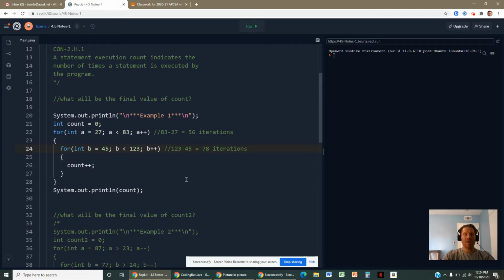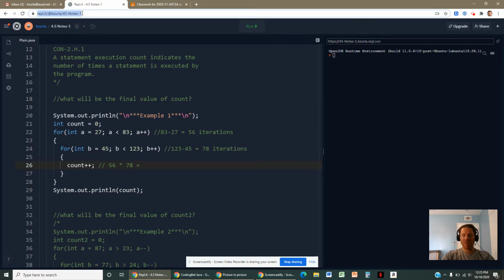And then that means that you have 56 iterations of 78. So 56 different times, we're going to increment the count variable 78 times. So 56 times 78, 56 78s.